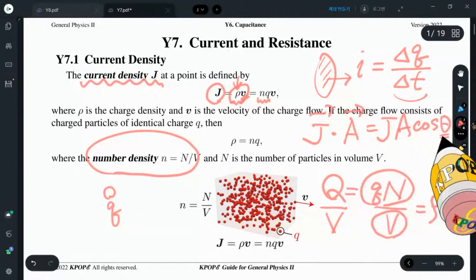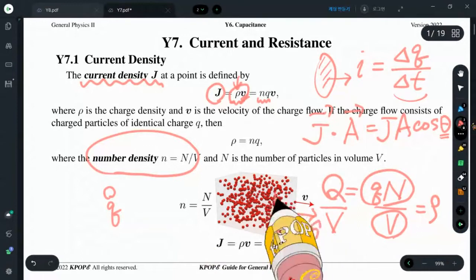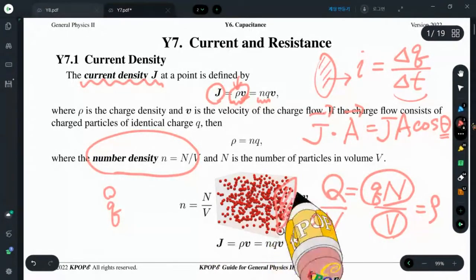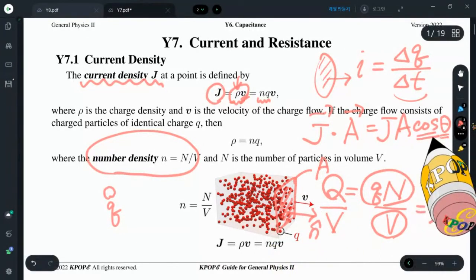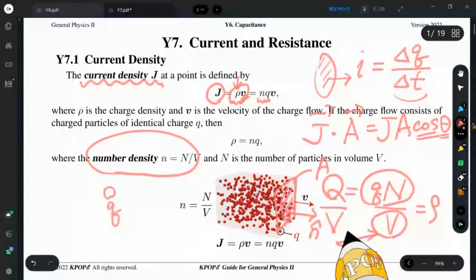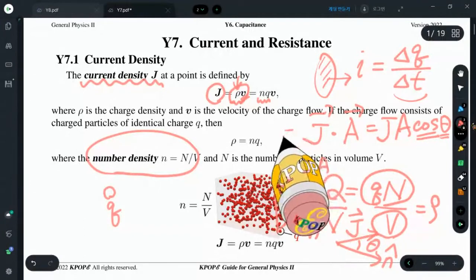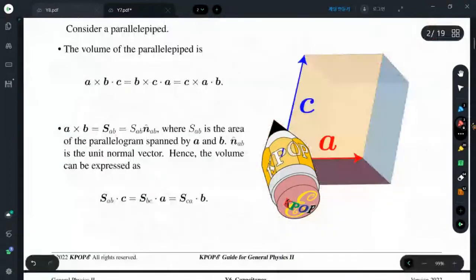Here theta is the angle between the normal vector of the cross-sectional plane and the current density, and the result becomes the current. Let's see on the next page.